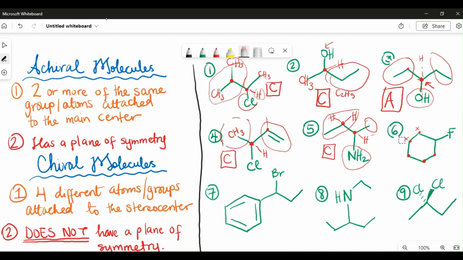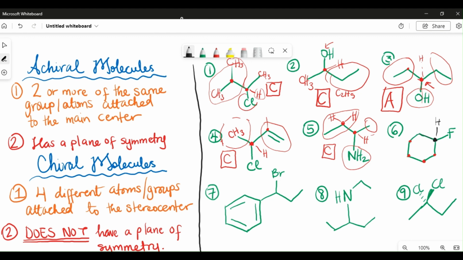We have to look at the sixth group. If that sixth group is also achiral, then that makes it an achiral molecule. And if the sixth one is chiral, which I'm going to denote with black, then that makes the molecule chiral. But now you have the F group, you have an imaginary hydrogen group, then you have this side, basically the exact same thing.